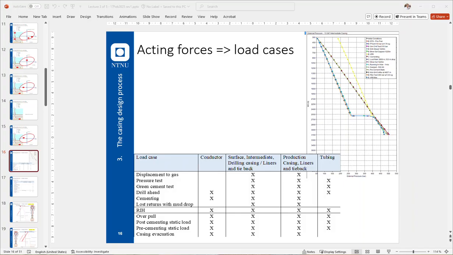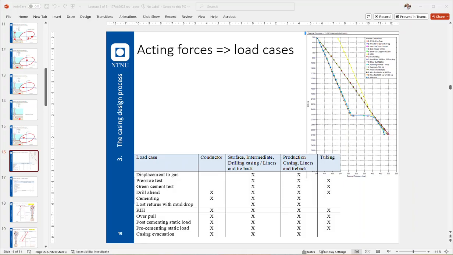Let's talk more about the load cases. That's why I put in those, call it simple analyses that you can actually redo for yourself and see later. Since you have a copy of the presentation, you can do that in peace for yourself later. The load cases, they are the essence.